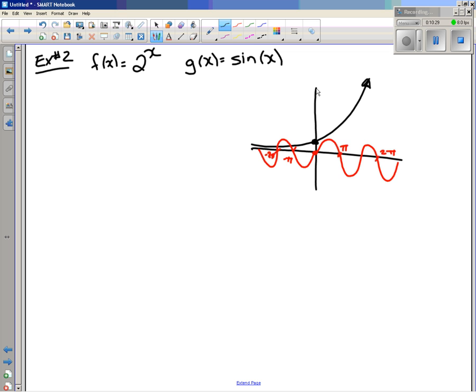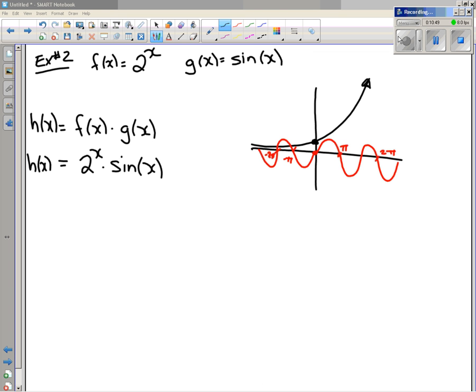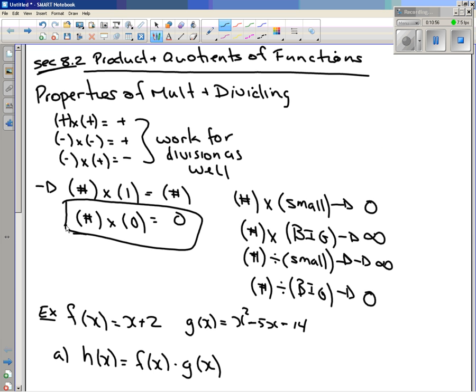The first function, let's define h of x to be f times g, which is going to be 2 to the power x times sine x. Starting at trying to find out what a graph of this is going to look like, the first thing we're going to do is look at our properties, and this one's going to come in very handy, that any number times 0 is going to be 0.